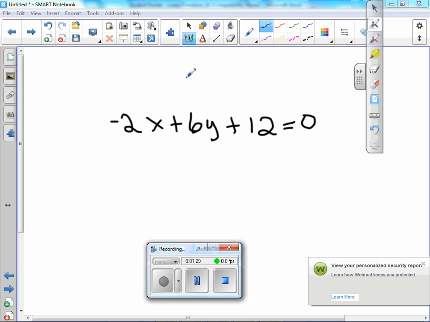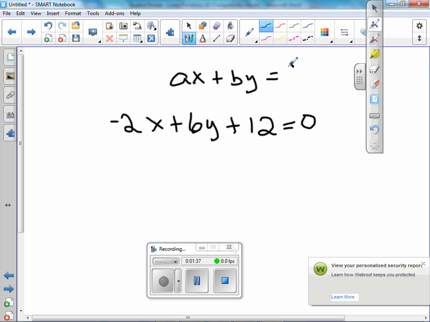I mentioned standard form is Ax plus By equals C. That means there's a coefficient A in front of the x and a coefficient B in front of the y. In other words, you want the number without the variables on the other side of the equal sign. So why don't we just move that over?